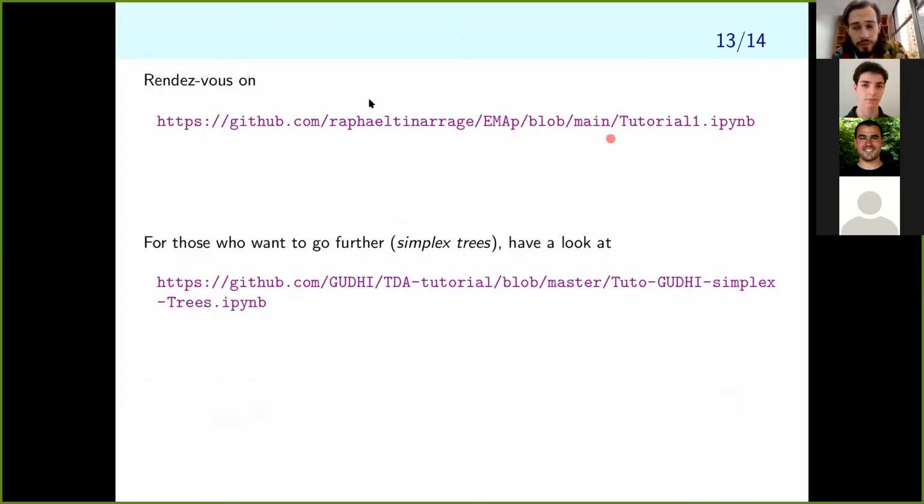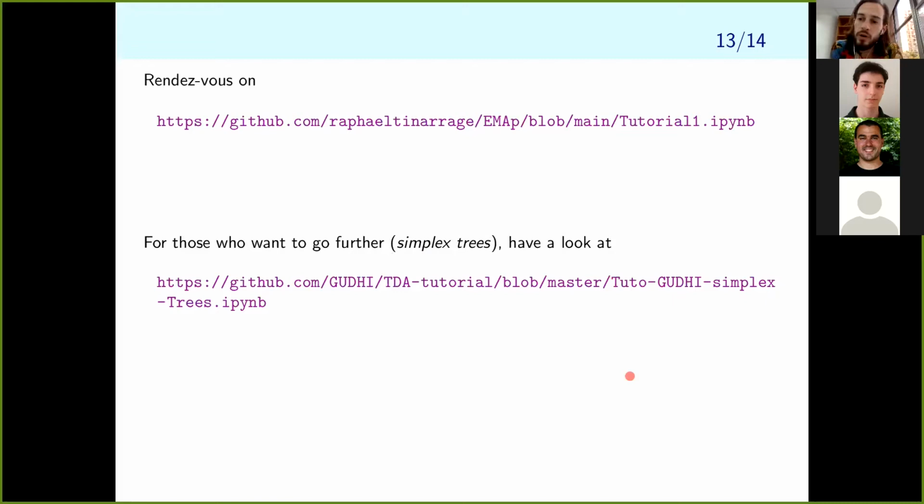Yeah, also, we will go slow today in the tutorial for everyone to be able to follow what we do. For those who want to go faster, you can have a look at this tutorial of the Gudhi library, which introduces the Simplex Trees.